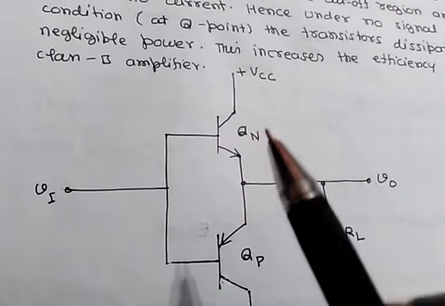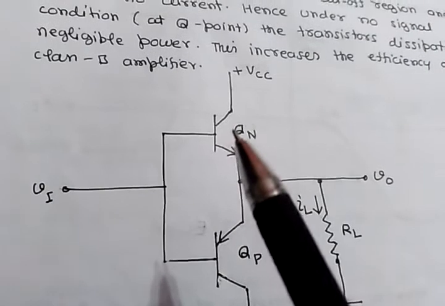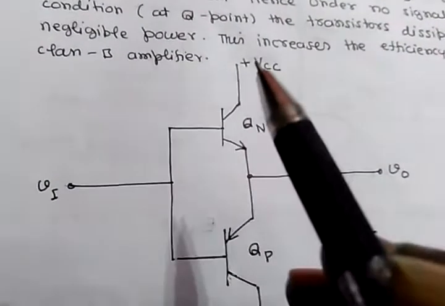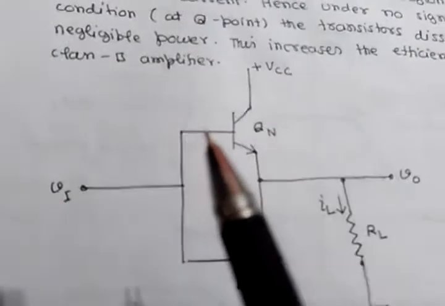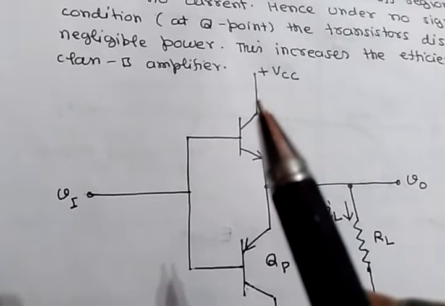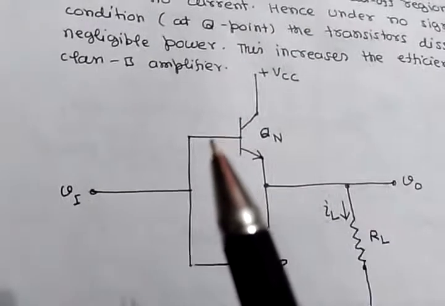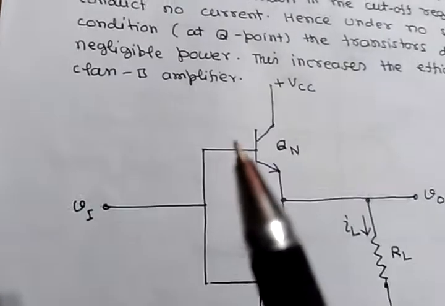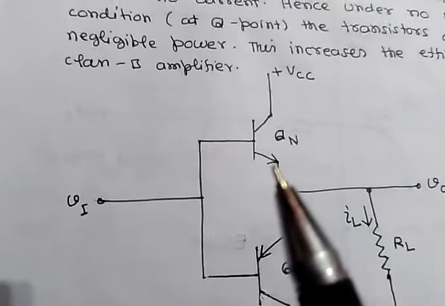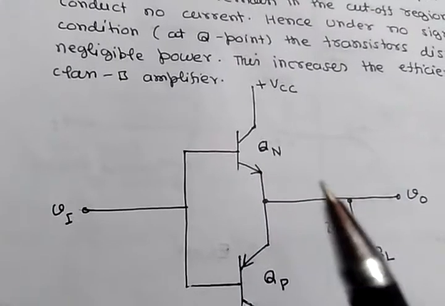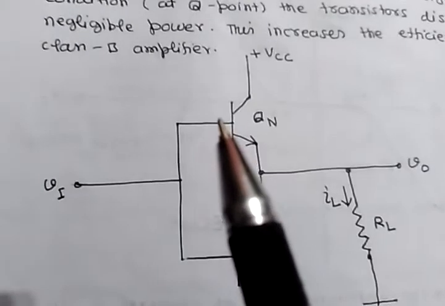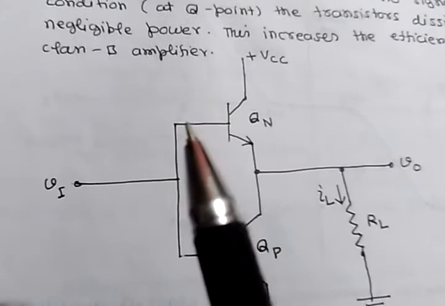QN is the NPN transistor. N region collector of QN is at positive voltage and P region base is at 0 voltage. Means N region is at higher voltage level than P region. So collector base junction will be in reverse biased condition, and emitter, which is N region, is connected to the ground through resistance RL, and base P region is at 0 voltage.